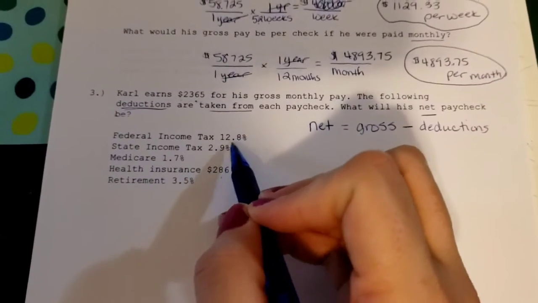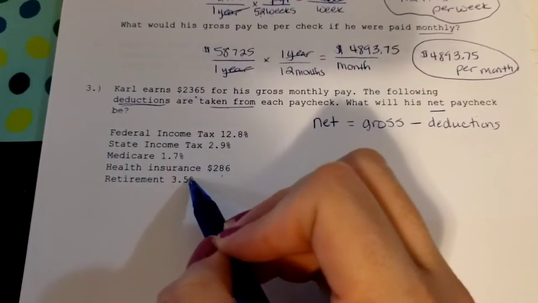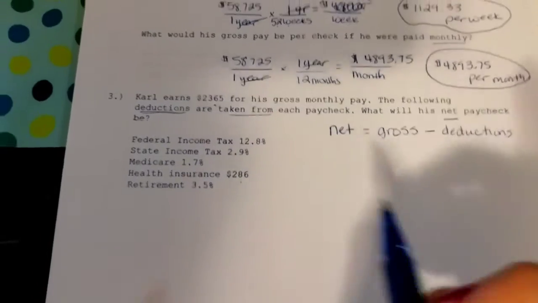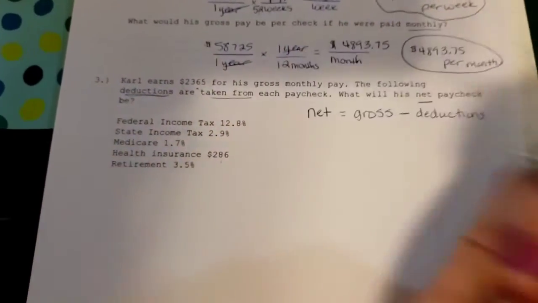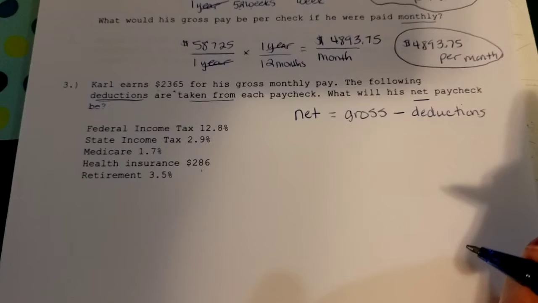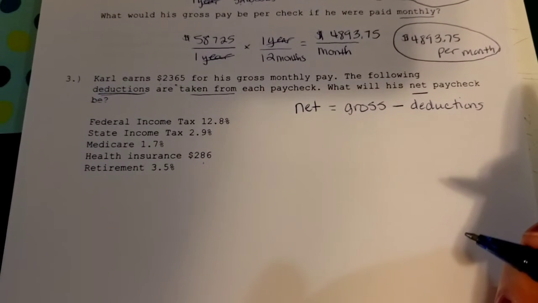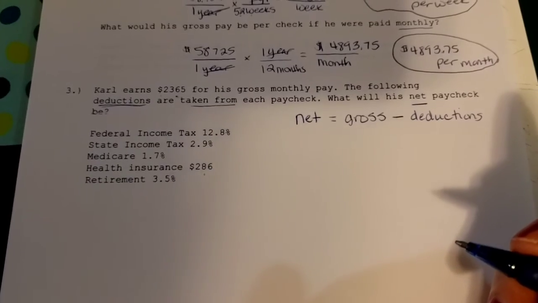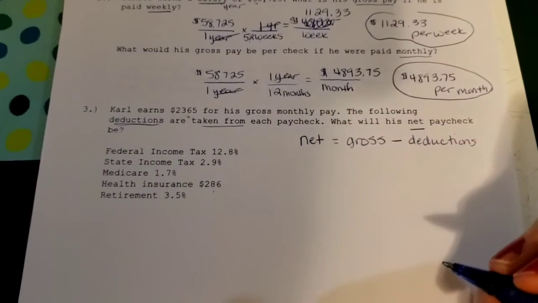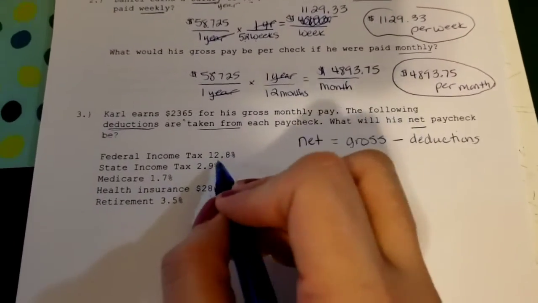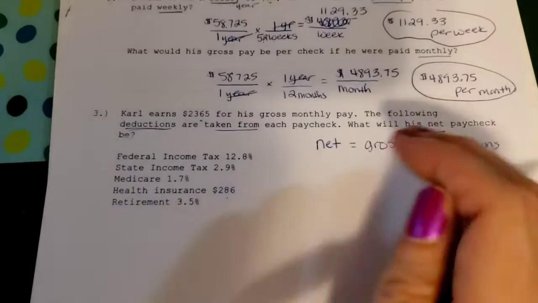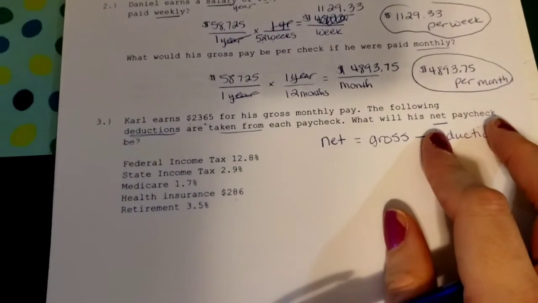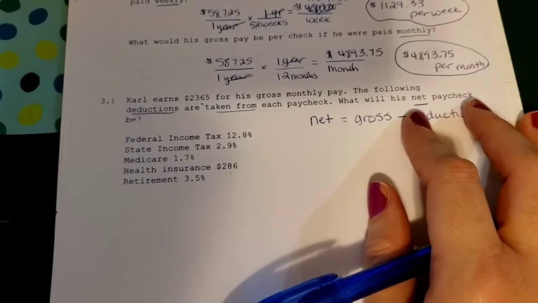So I have to change all these percentages to dollars. Here's how we do that. Some of you, again, are very good at moving the decimal. If you successfully move the decimal every single time when you do a percentage, keep doing it your way. If not, remember that you can always change a percent to a decimal by dividing by 100 every single time.